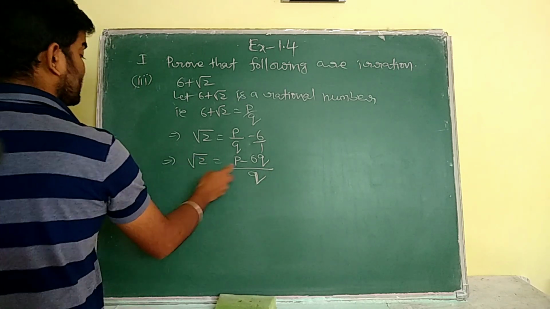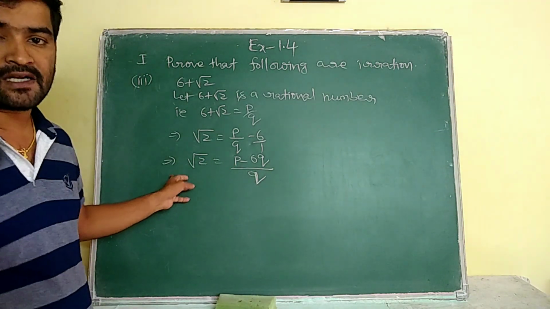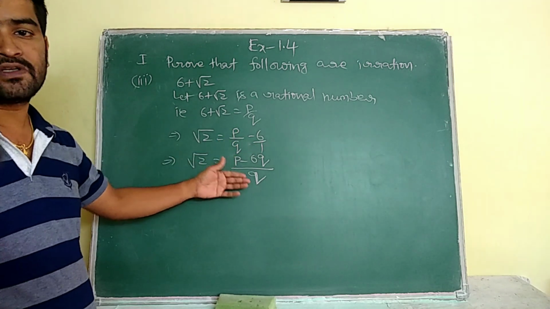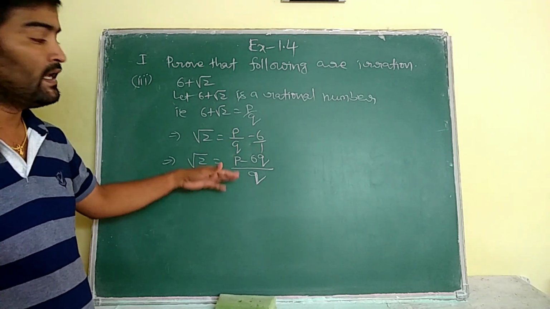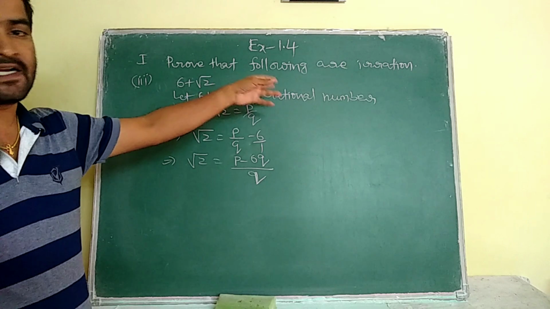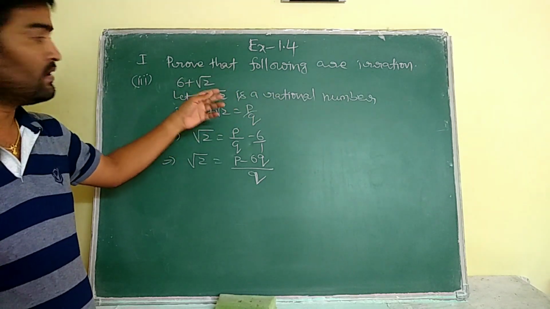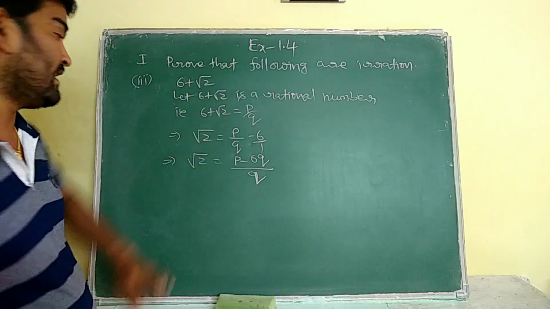So we know that root 2 is an irrational number, but again it is obtained as some x by y, which contradicts our assumption. Our assumption is that 6 plus root 2 is a rational number, so that is wrong. That means 6 plus root 2 is an irrational number.